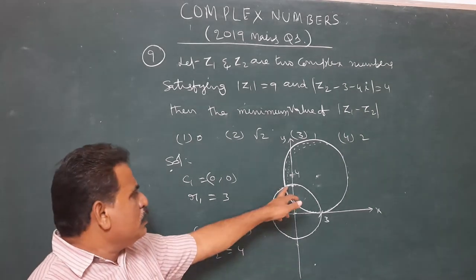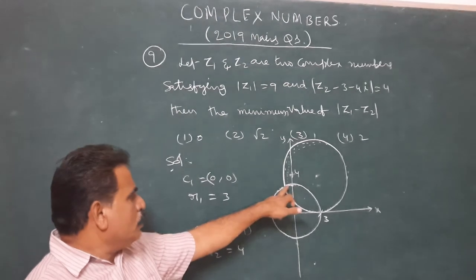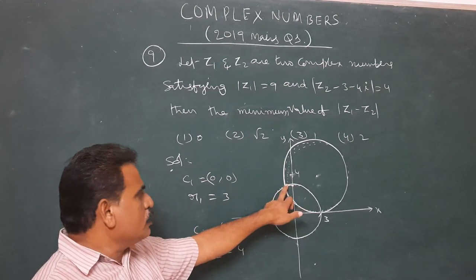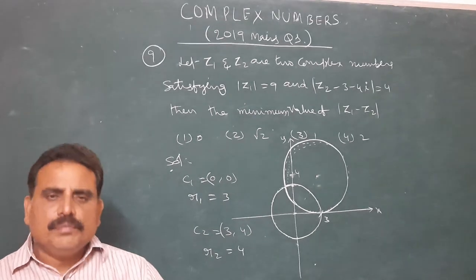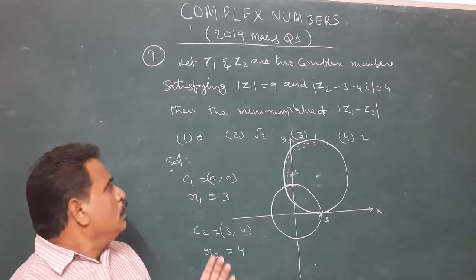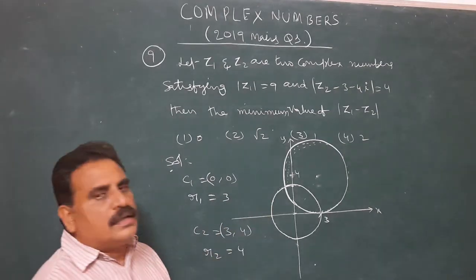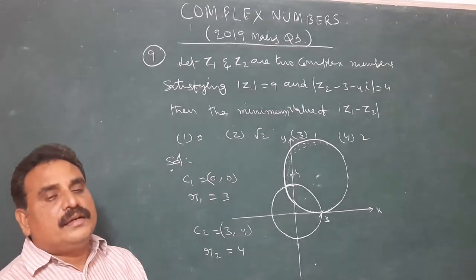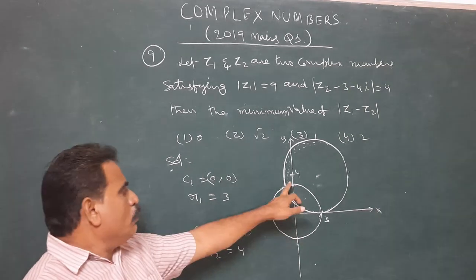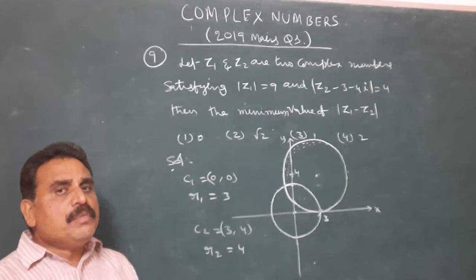The minimum distance is 0, because if you take Z1 and Z2 as the same point, the minimum distance is 0. Very simple question. If you have the concept of circles, you can easily identify the answer. Mod Z1 minus Z2, minimum value is 0.